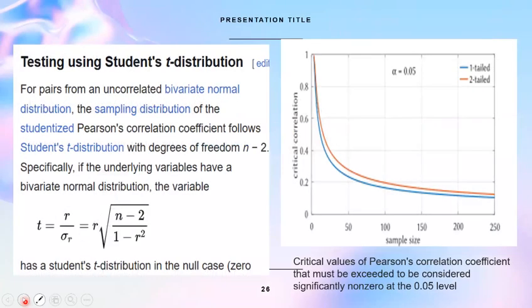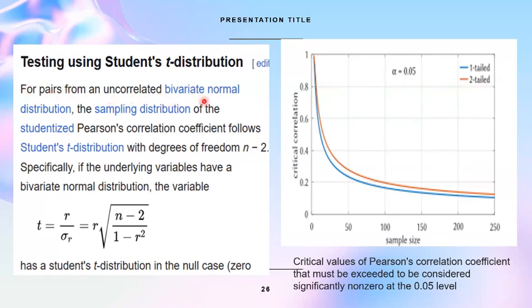Testing, while using the student's t distribution test, for the critical values of Pearson's correlation coefficient that must be exceeded to be considered significantly non-zero at the 0.05 level. So this is the sample size, and this is the critical correlation, where we can see it's increasing. The alpha value is kept constant here at 0.05. It's one-tailed in blue and two-tailed in red.